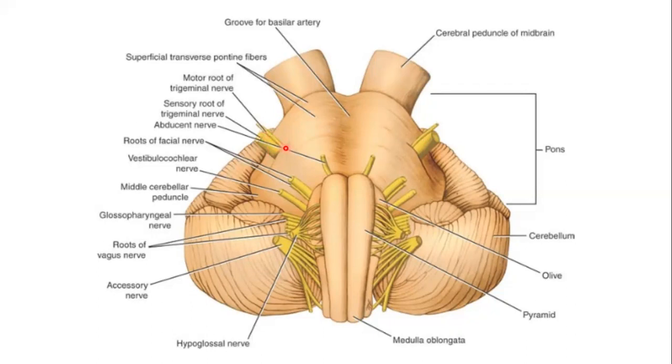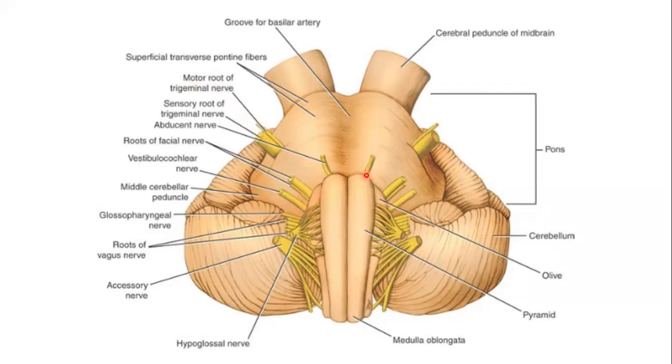M for medial, M for motor. The sensory root is larger because it contributes to the proprioceptive sensations and the cutaneous innervation of the face. The motor nerve of the trigeminal is smaller because it only has to supply the muscles of mastication.